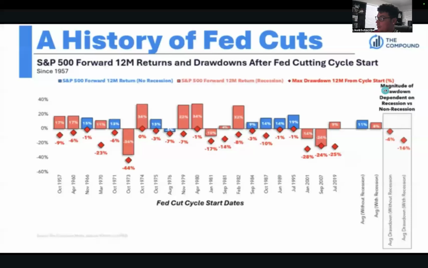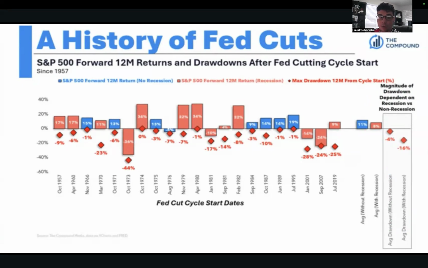Here, specifically, the magnitude of the drawdown is dependent on a recession versus a non-recession. So the average drawdown without a recession is -4%, okay? This means that on average, right, not that every single time we drop -4%, but on average, we have about a 4% correction within the 12 months after the first rate cut.